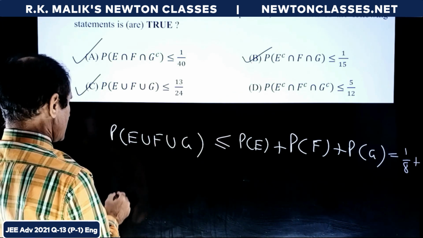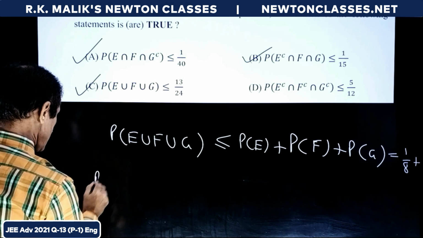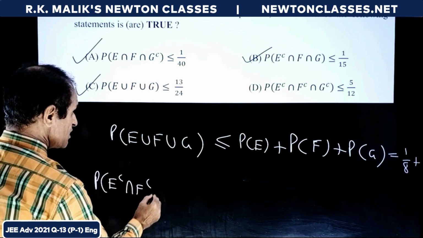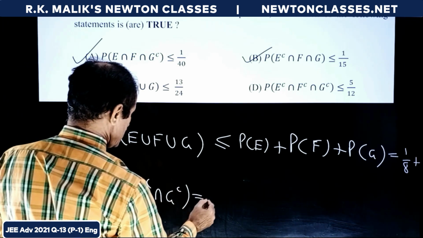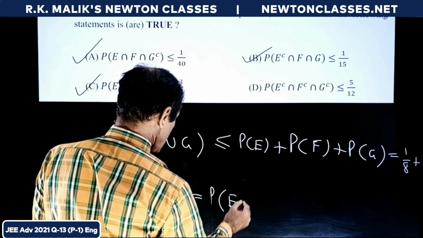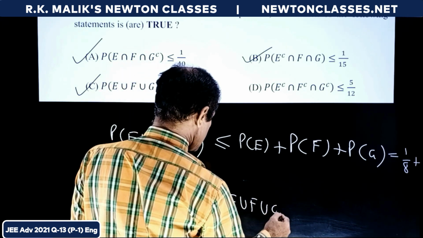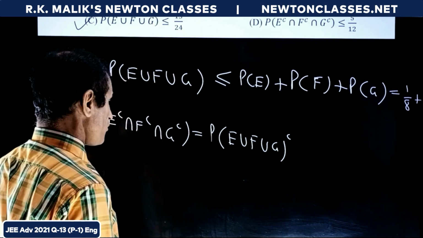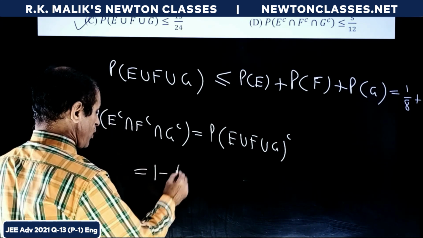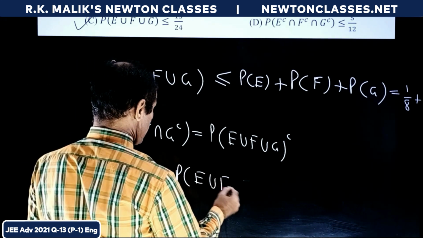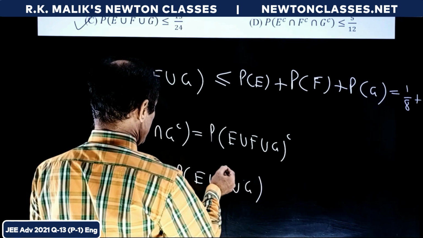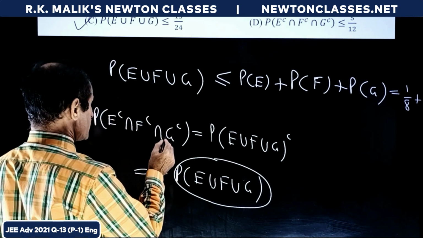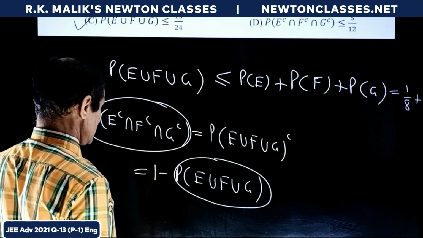And for checking the choice D, it is clear that P(E^C intersection F^C intersection G^C) is equal to the probability of (E union F union G) whole complement. You must be knowing De Morgan's law. This is equal to 1 minus the probability of E union F union G, and if we put the maximum value of this here, you will get the minimum value of this.